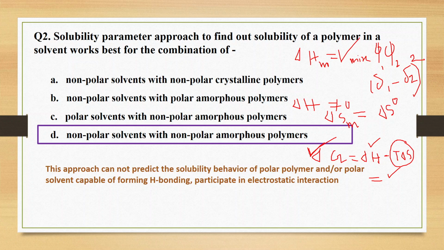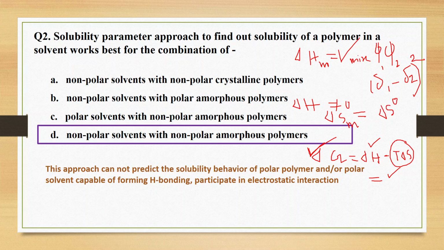But it did not consider the entropic factors or the enthalpic factors that come due to the interaction between the polymer and solvent molecules. Like if there is some kind of interaction like electrostatic or hydrogen bonding interaction, then obviously the delta H value will not always be positive or 0, and the delta S term as well.